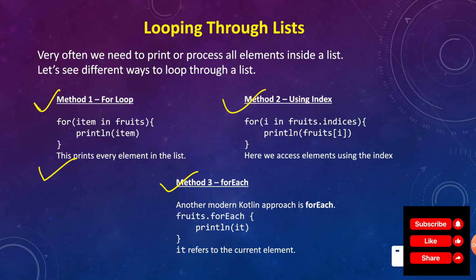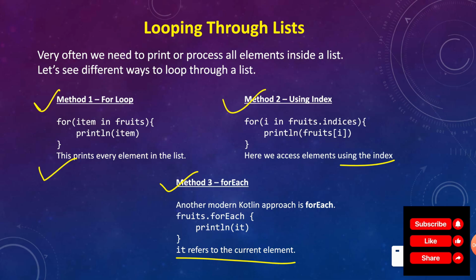For example, you can see here for item in fruits, where item is each element and fruits is a list. Whatever is in the list we can fetch, and you can print those elements of the list. This prints every element in the list. So the second method is using the index.